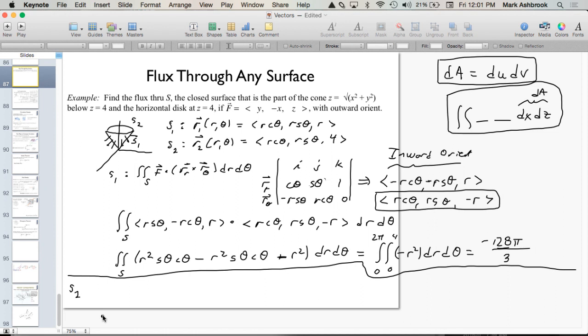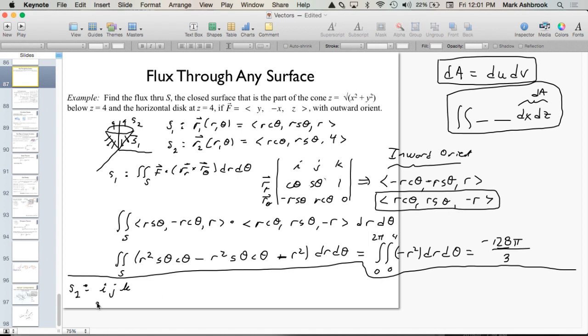All right, so S2 is going to be, we need the cross product, so it's going to be i, j, k. Because this r theta got us positive, now we want z to be positive, so maybe we'll try it the exact same way we did this one, and hopefully z will be positive, but if it's not, we just change the signs.